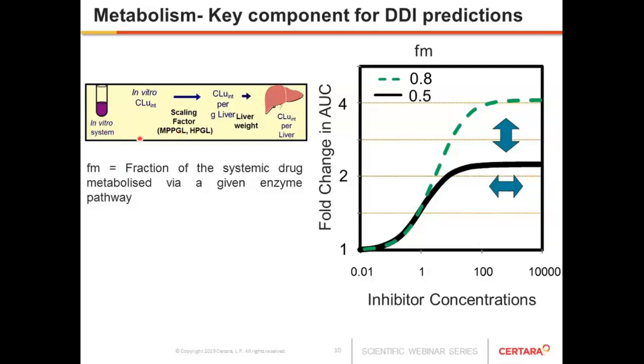The FM is estimated based on that total intrinsic clearance, by comparing the intrinsic clearance of a defined pathway to the total intrinsic clearance for the drug as a whole. So for CYP3A4, if we could scale up the in vitro metabolism and determine the clearance for CYP3A4, by comparing it to the total clearance for ethinylestradiol as a whole, you could identify what your FM for CYP3A4 would be.